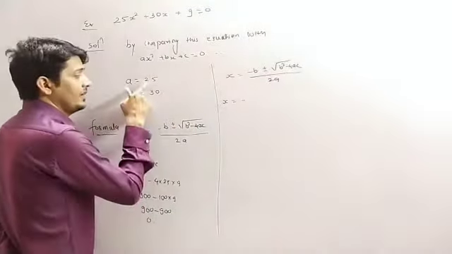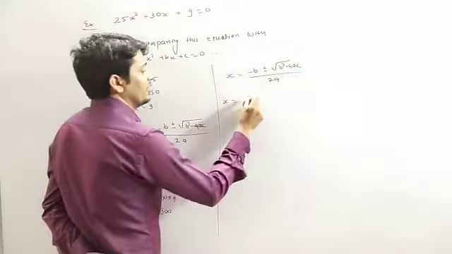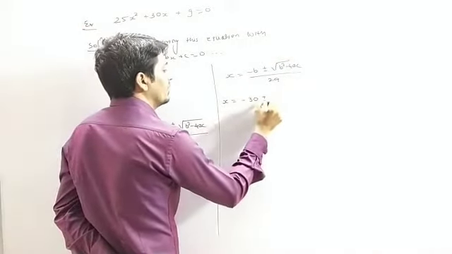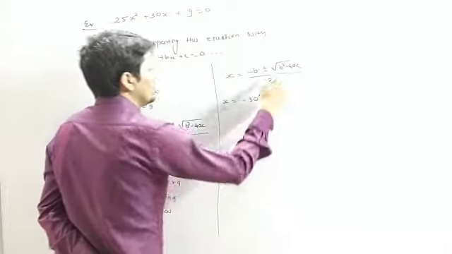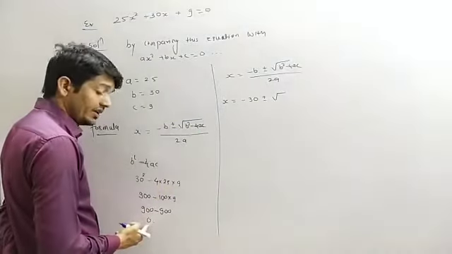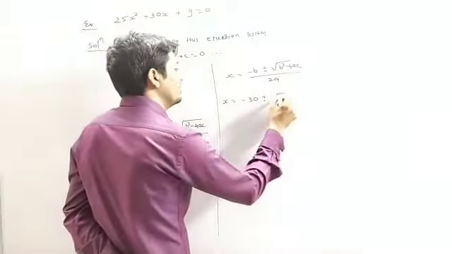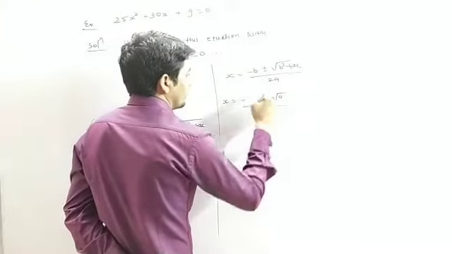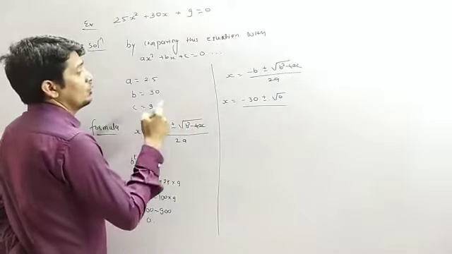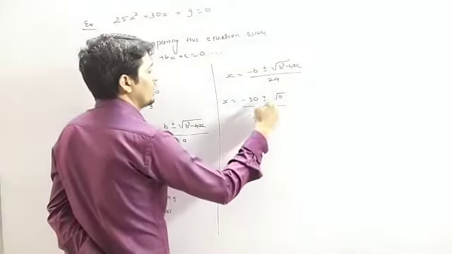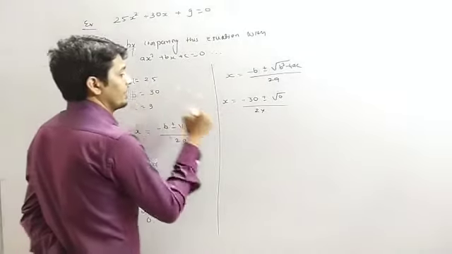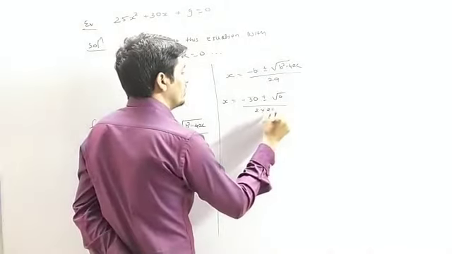What is b? b is 30, so we write 30 here, plus minus root. What is b square minus 4ac? It is 0, so we write 0 here. Divide by 2a. So 2 into, what is a? a is 25, so we write 25 here.